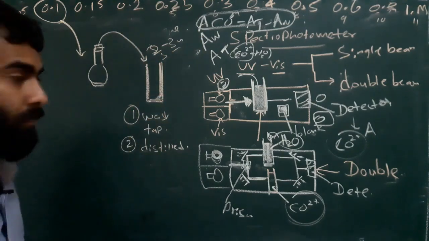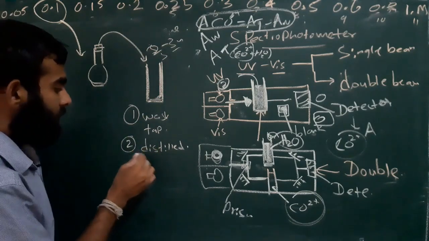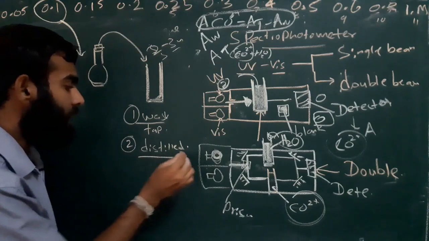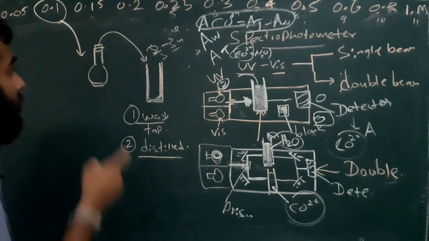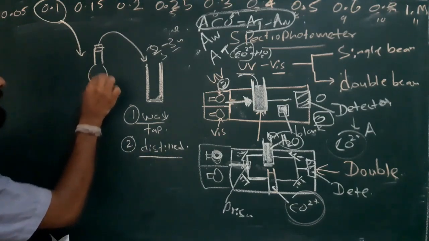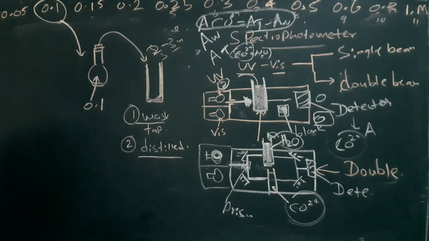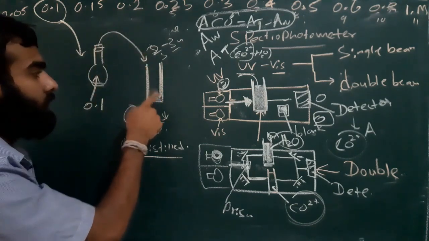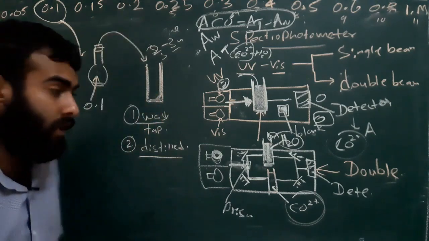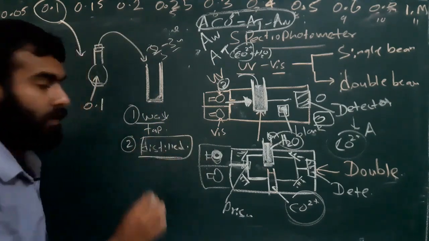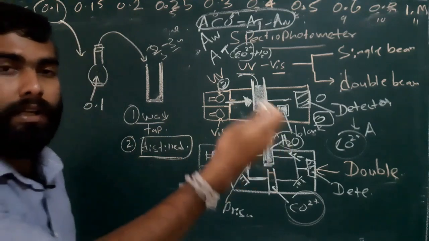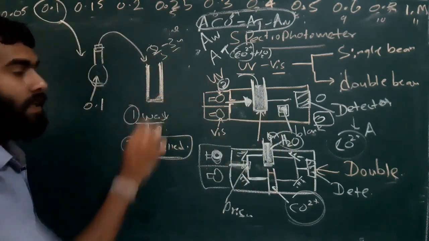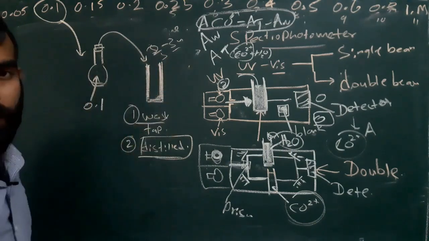We will rinse, because first we washed with tap water, second we added distilled water. This solution contains a particular concentration, 0.1. However, when we add this solution to this cell, it will be diluted because of this distilled water. Because of that, as with burettes and pipettes, we have to rinse this sample cell also with the relevant solution. Okay.